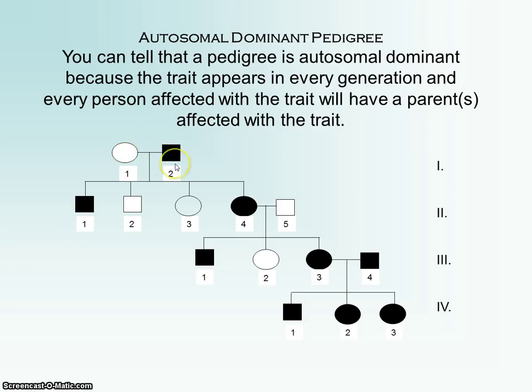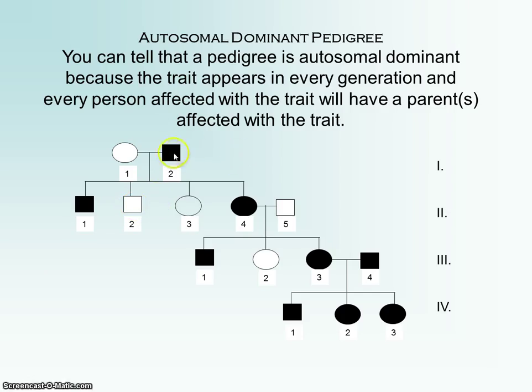The father, it is showing up in his phenotype. That's why it's shaded. And then they had 4 children, 2 sons and 2 daughters. Notice that 2 of the children are shaded in, so that means that they not only carry the trait, but it is shown up in their phenotype. The other 2 children, we don't know, but this is how you can tell if it's autosomal dominant.